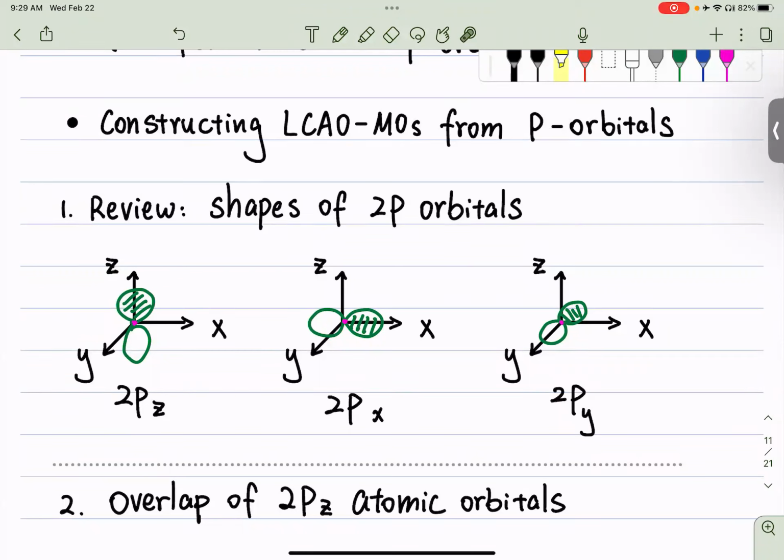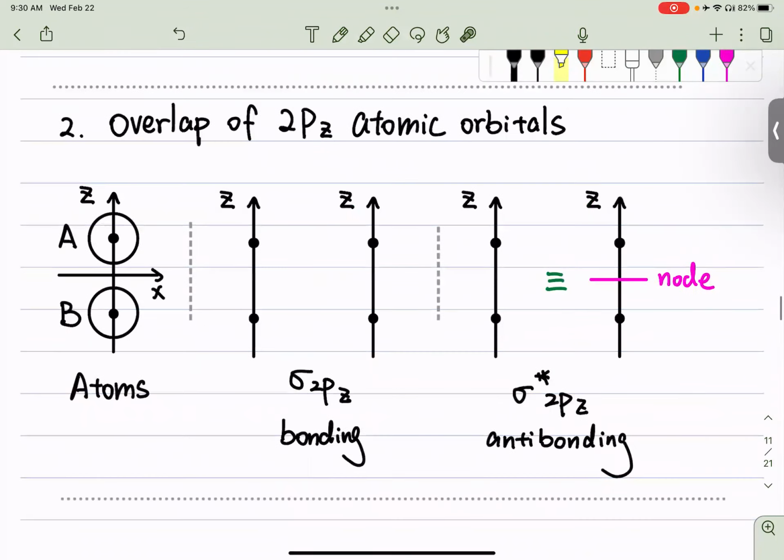To construct molecular orbitals from these atomic orbitals, what we're doing is essentially the same as what we did with the s atomic orbitals, which is to overlap these atomic orbitals in a given way.